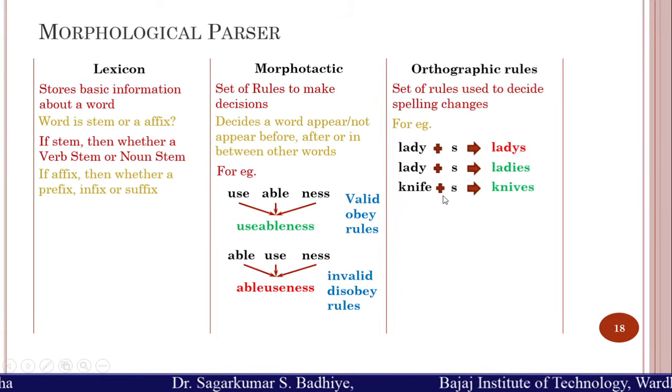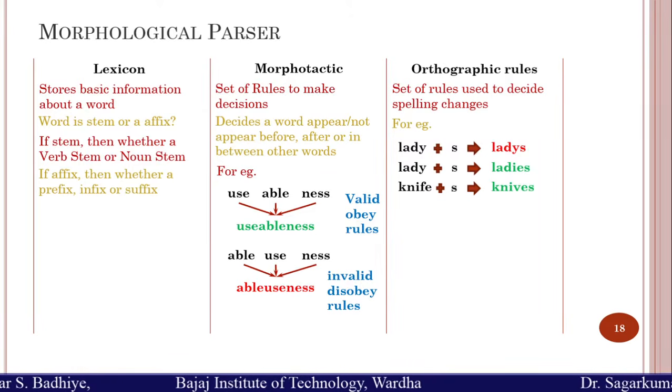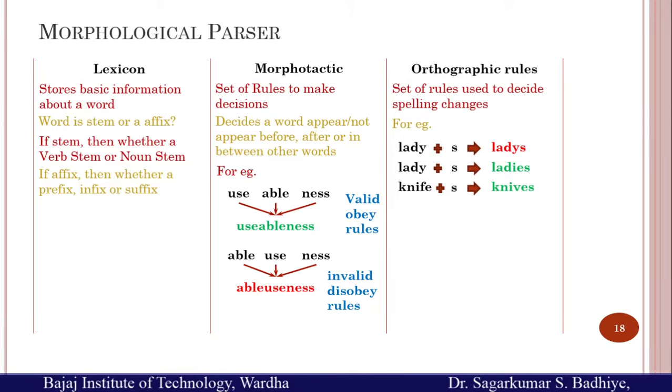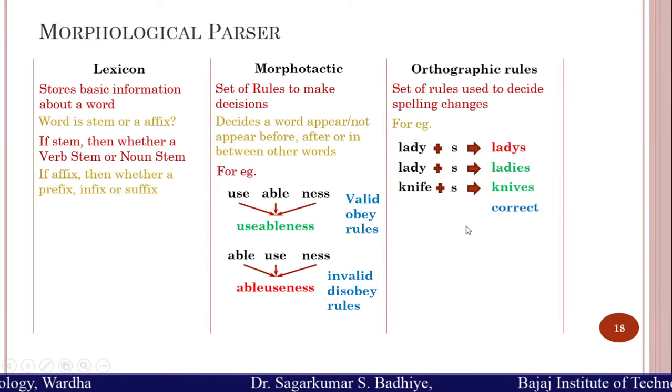The plural of knife is knives, so there is a spelling change. So the rules related to the change in the spelling of a word when we convert it from one form to another form, like from singular to plural, are decided by the orthographic rules. So these two words are correct because they obey the orthographic rules.